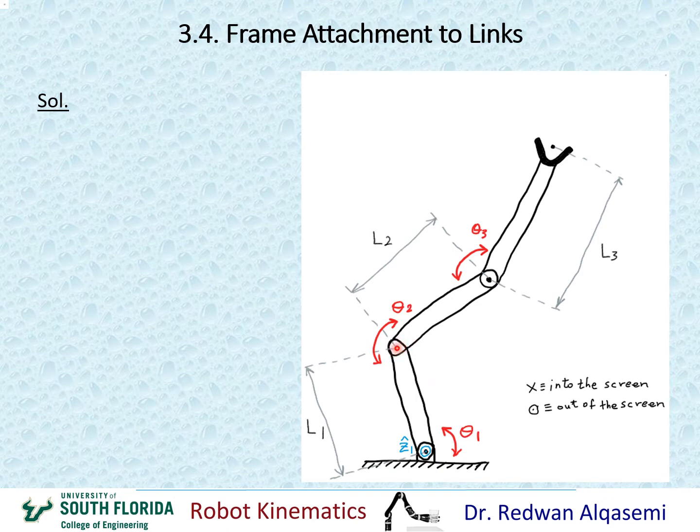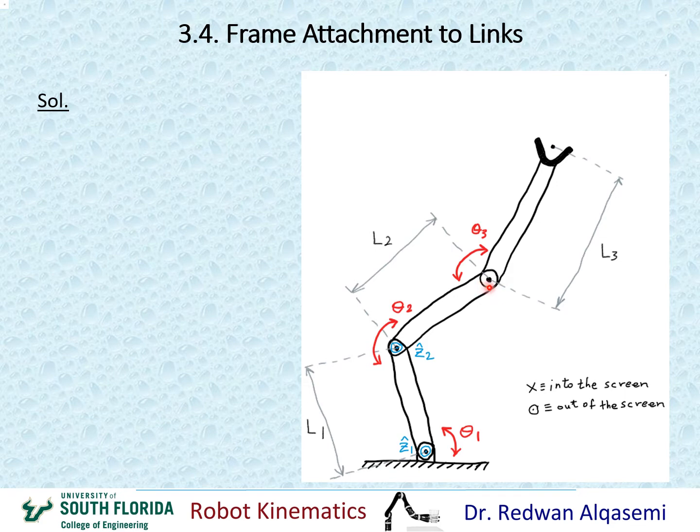If I choose this to be going into the screen, that would make alpha 1 180 degrees, and that would mean more calculations. It doesn't mean that it's wrong; it would still be right, but it's easier to have fewer calculations. So I'm going to put this circle here and call it Z2, the axis for frame 2 coming out of the screen.